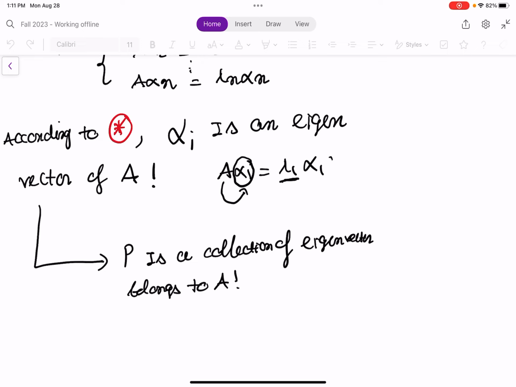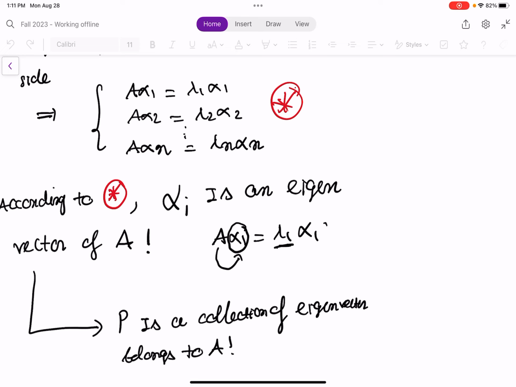And after some multiplication, we come up to the fact that we have a series of A alpha 1 equal lambda 1 alpha 1, A alpha 2 equal lambda 2 alpha 2, and all that. So we can conclude that alpha is actually an eigenvector, and P is a collection of eigenvectors belonging to A.